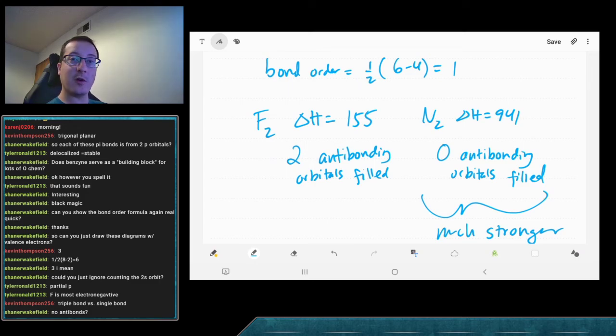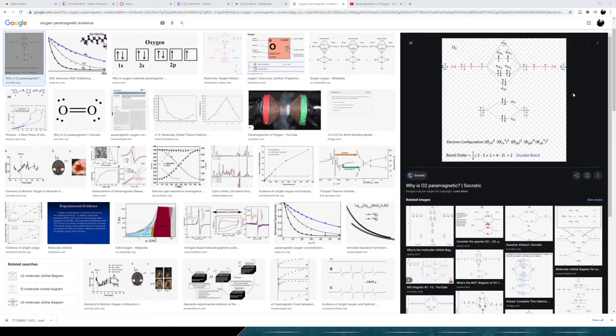has no antibonding orbitals filled in its uppermost energy level there. Yikes. By the way, if you just Google these, you're going to get prettier pictures than I'm able to illustrate here. For example, this is oxygen here.